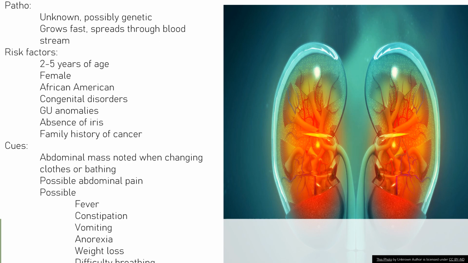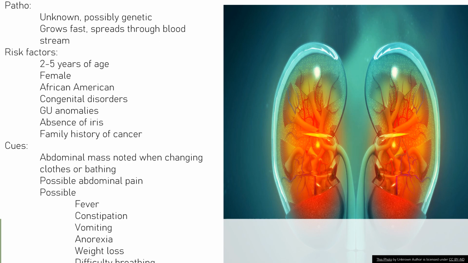If a child is born with any genitourinary anomalies, interestingly enough, they have found a child with no iris in their eye is a precursor or a risk factor for developing a Wilms tumor, and we need to look into them. Being African American and having a family history of cancer are also risk factors.